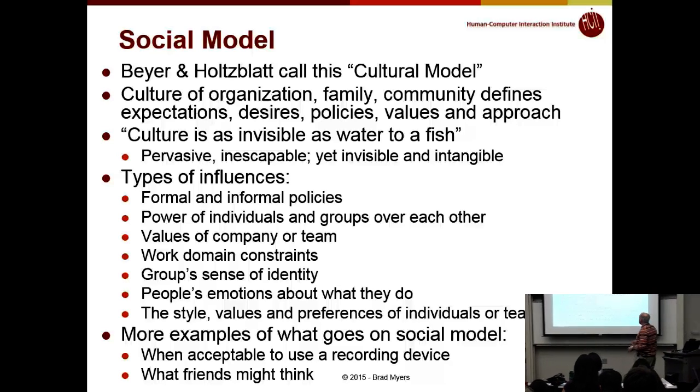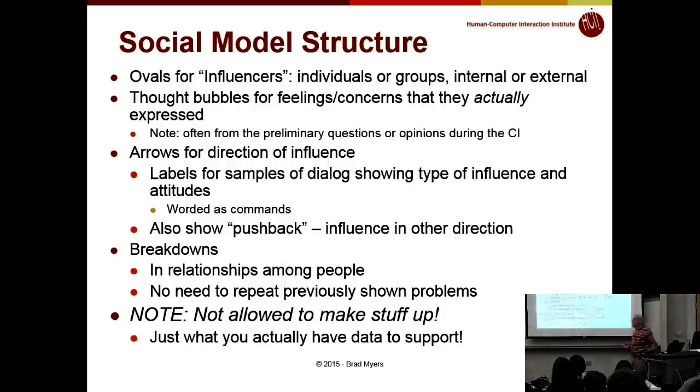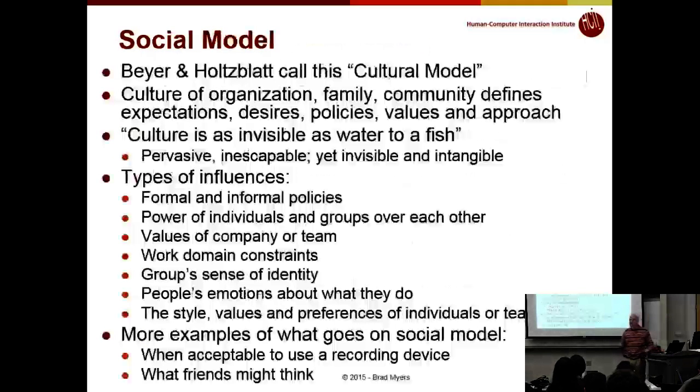So you have to kind of ask about these informal policies, the informal rules, because you can't just make assumptions about it. So this goes back to the key rule that I keep emphasizing, that you're not allowed to make stuff up, which includes don't make assumptions about things that would go on the social model, right? So you actually have to ask.